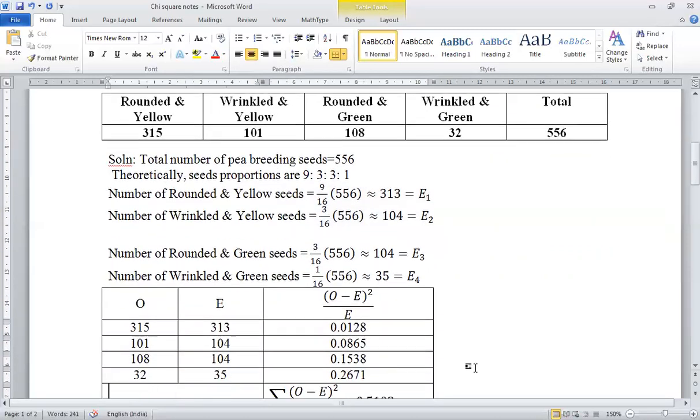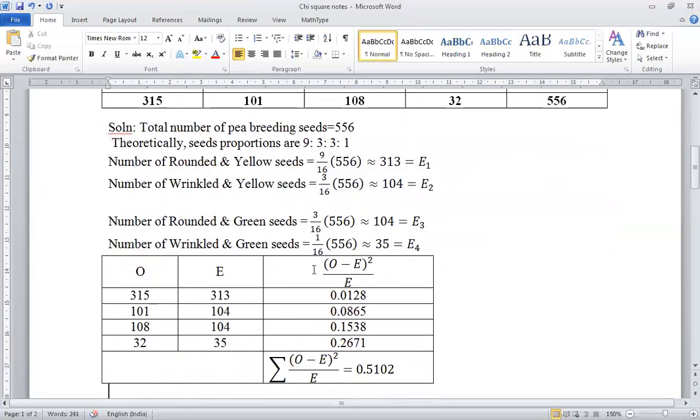Now we construct this table of observed frequencies and expected theoretical frequencies, and we find out O minus E, the whole square divided by E. The different values of O and E are listed here. Like the first one, observed frequency is 315, expected frequency is 313. If you plug these values in this formula, we get 0.0128.